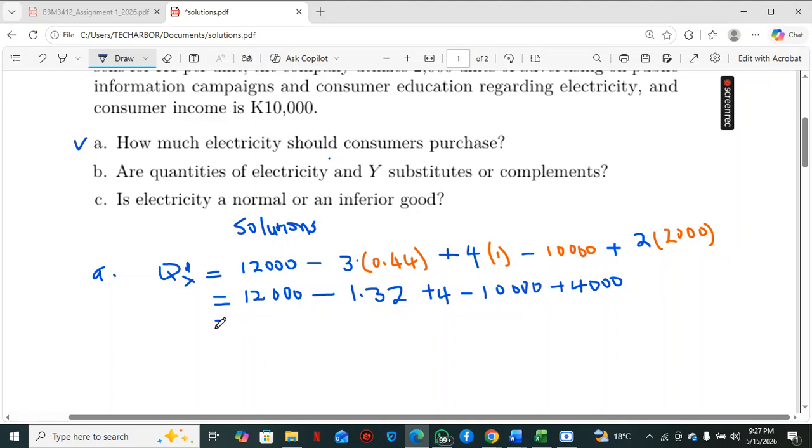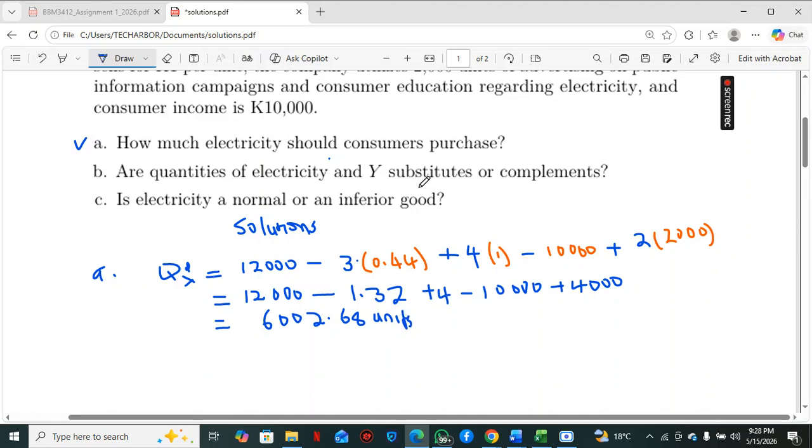So they should demand 6,002.68 units. Okay.